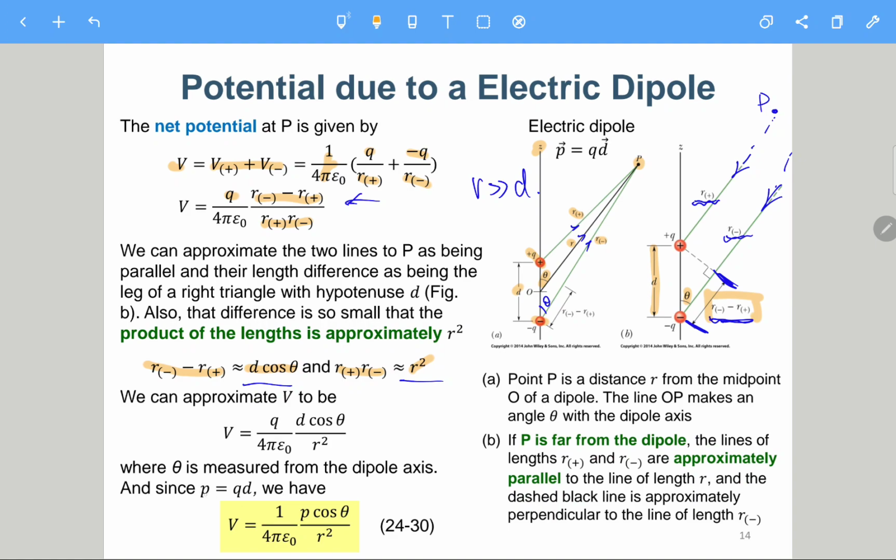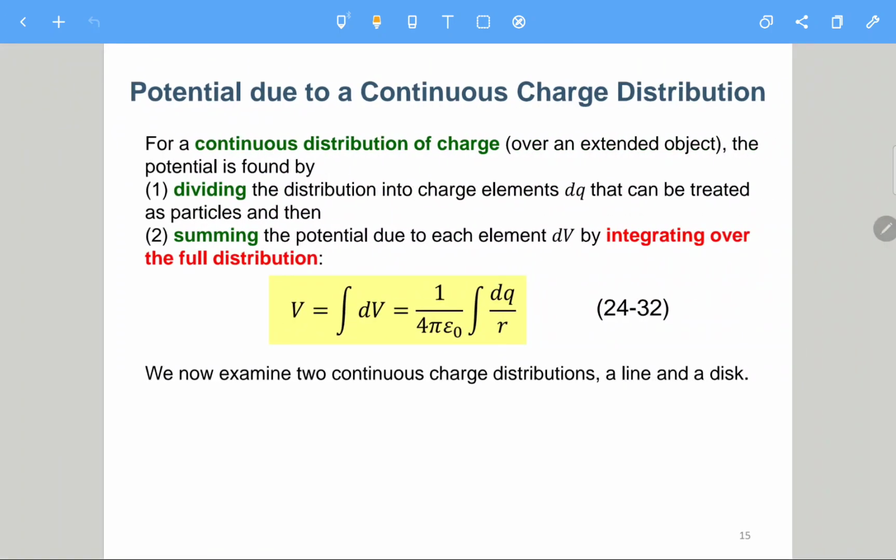And if you still remember, P is the dipole moment, which is Q times D, so we can also write it as K times P cosine theta over R squared. Any questions? Okay.